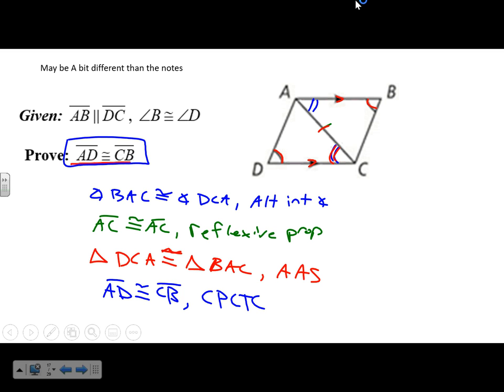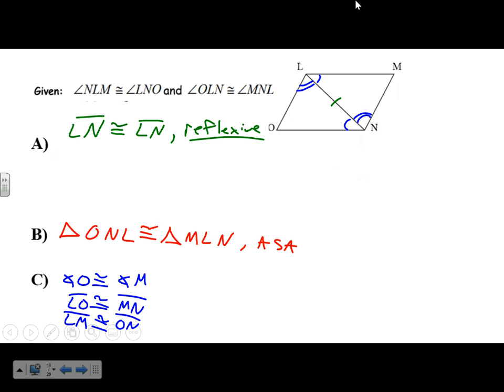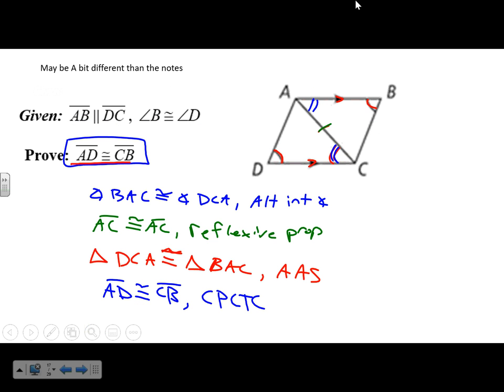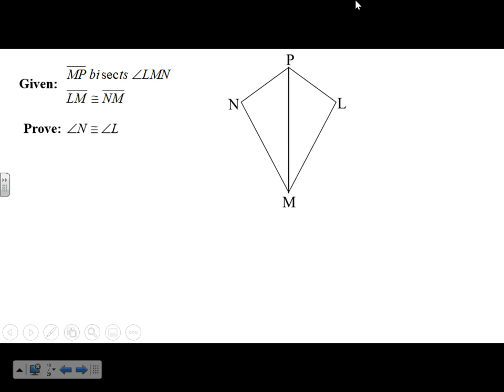Now, again, it's very similar to what we were doing. The only difference is at the very end of these, I listed out all the stuff that's congruent, and this one, I just had to list out what I was trying to prove, rather. So same thing with this one. It says MP bisects LMN. So MP, this line, bisects this angle.